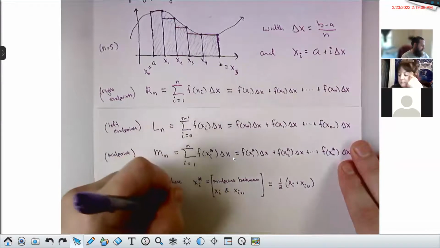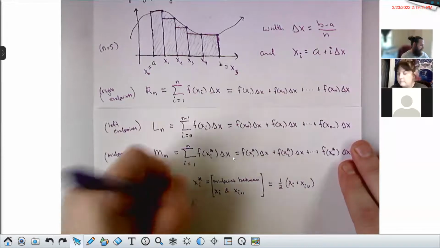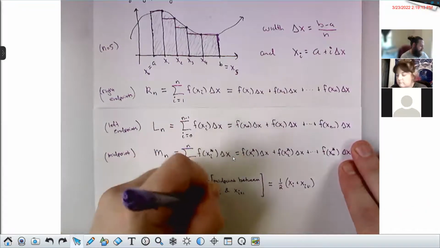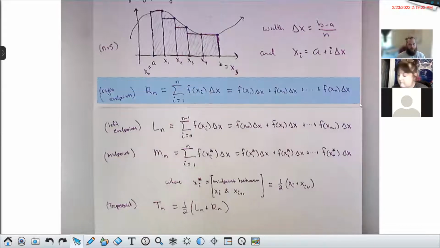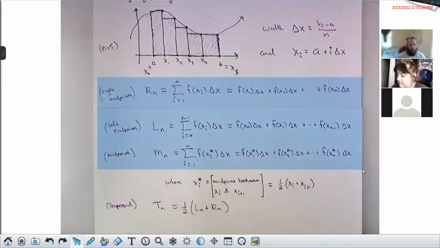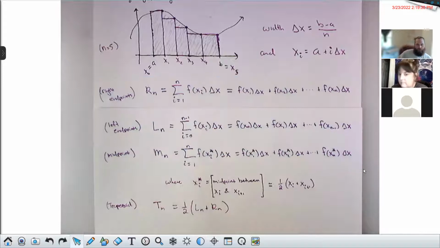T n, and this is 1/2 of L n plus R n. That's the nice way to calculate it. In reality, moving forwards, we're pretty much just going to use R n. But there are homework problems that ask you to do left endpoint and midpoint approximations.